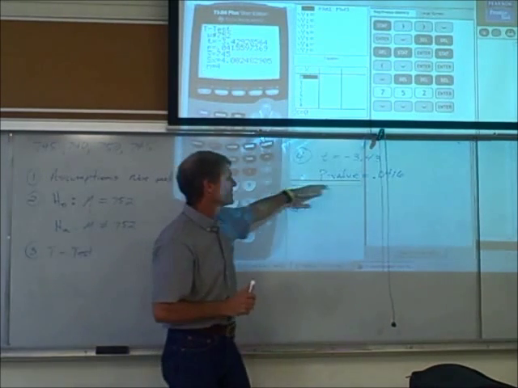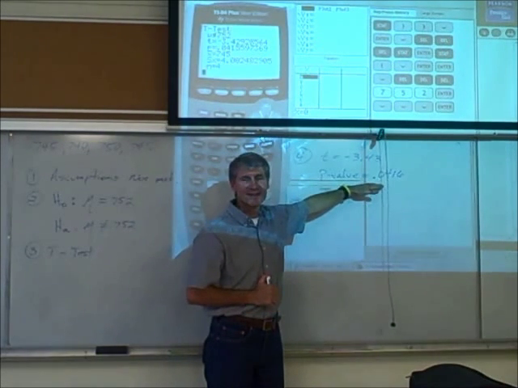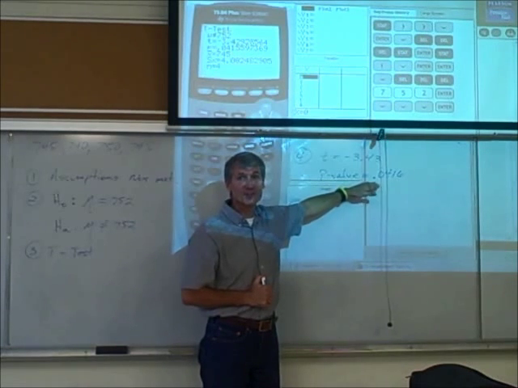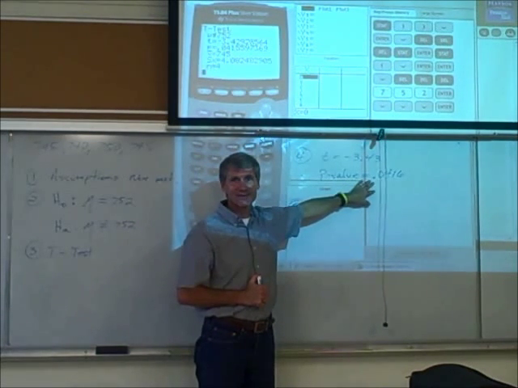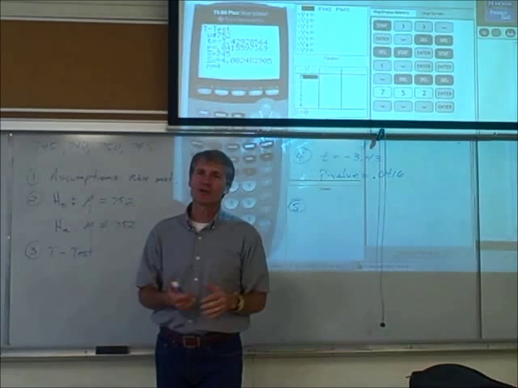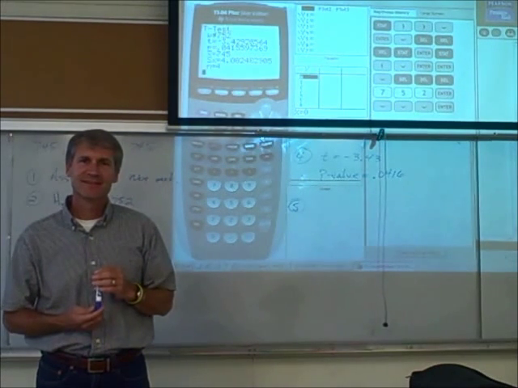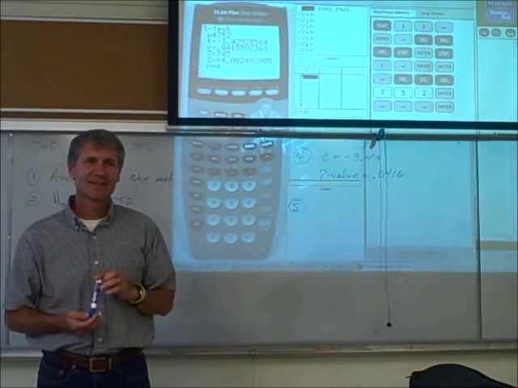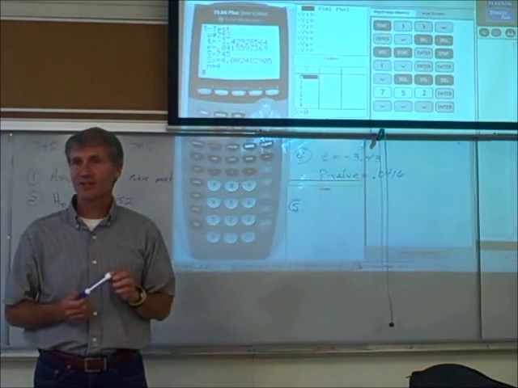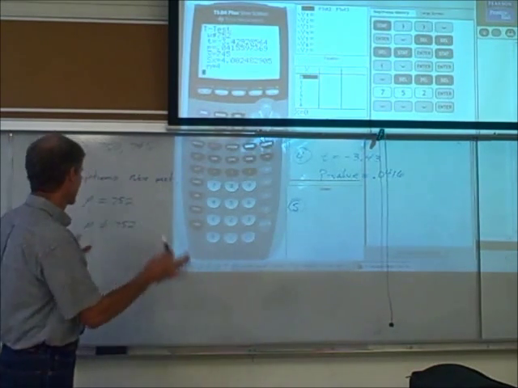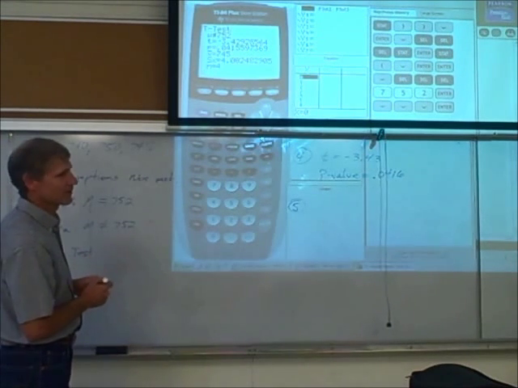Remember, if the p-value is small, then it's evidence against the null, right? So how small is small? What do I compare it to? The t value? No, not the t-value. The alpha level, the significance level, which I forgot to ever write down. But what is the significance level?